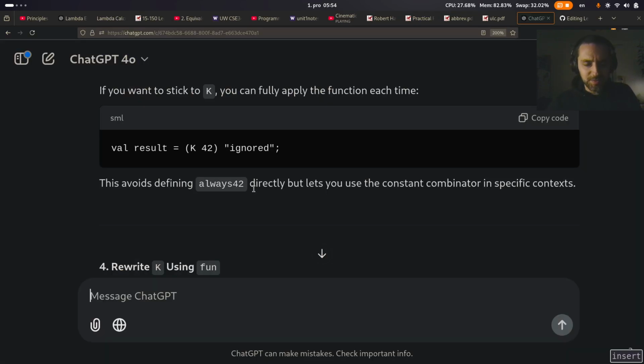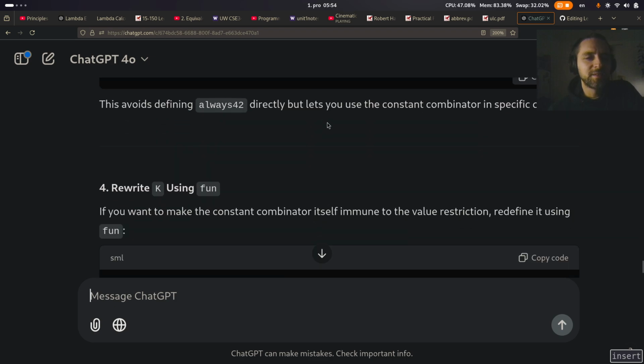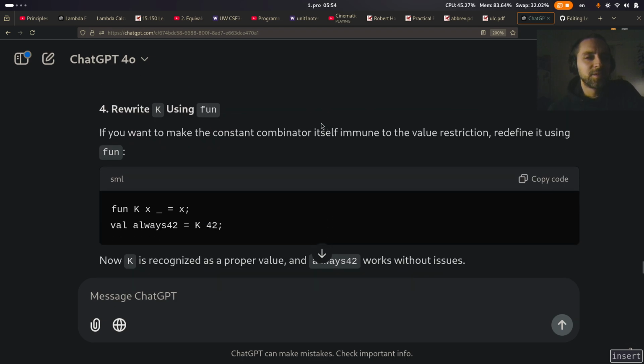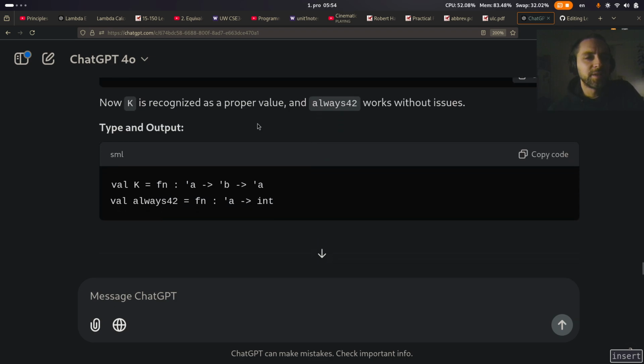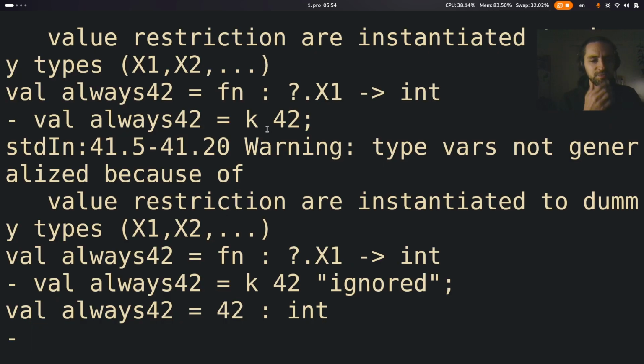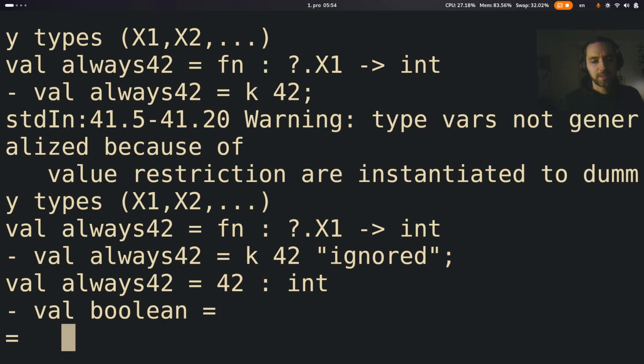Yeah, I'm just trying to redefine it. Now k is recognized as the proper value. So it says you could define a bool. Val bool. Boolean. Let's try to do this, like even with an if statement.